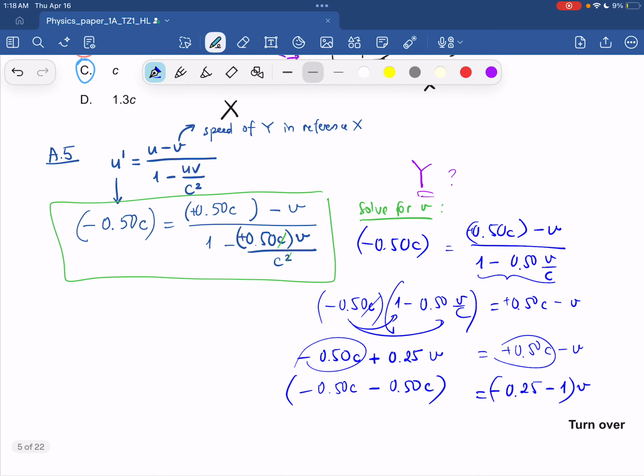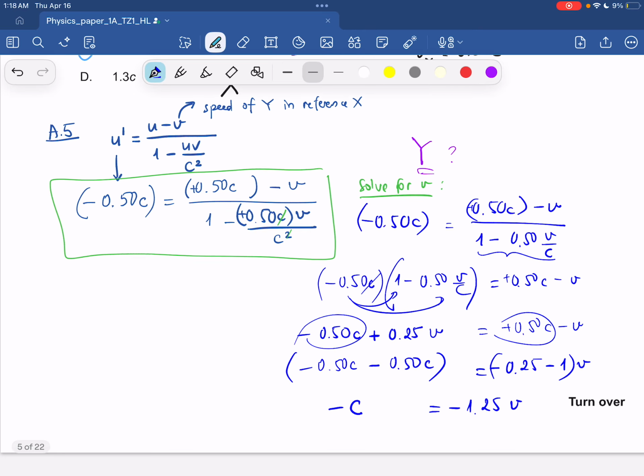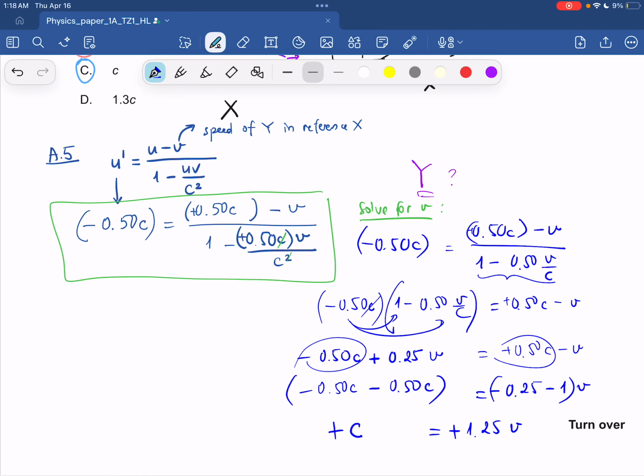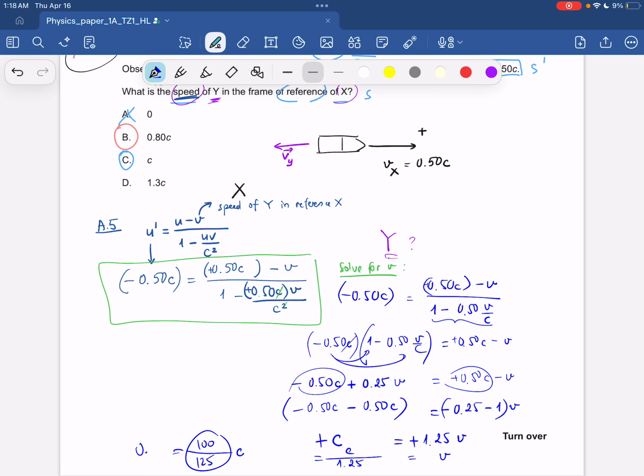In the end, minus minus cancels out, so what is left is v equals c divided by this much. And what is that? This is 0.8, 0.8c. So that's why the answer is B.